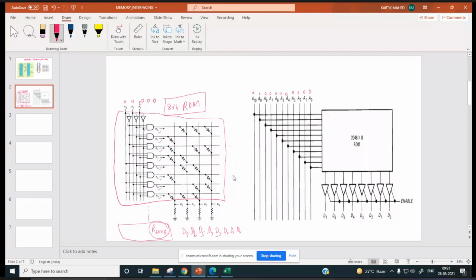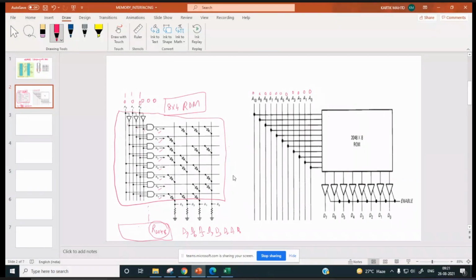Right. Inside this we have all this decoder part. So A0, A1, A2 is there. Similarly, A0, A1 to A10 is there. And if you want to read the last location, here we have to feed all 1s.